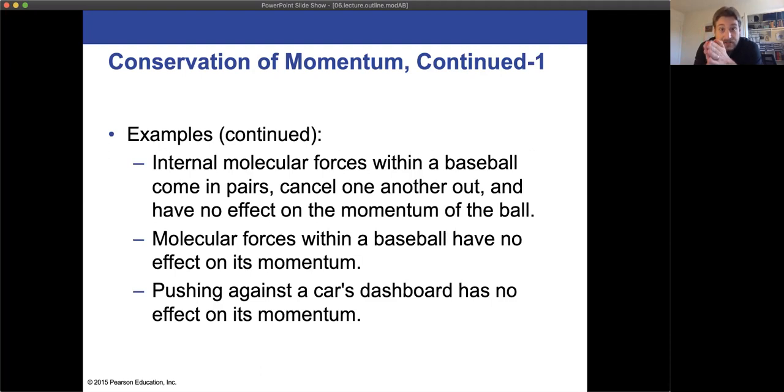Forces internal to the system, between the pieces of the system, can't change the overall momentum of the system. I can't, from the driver's seat, push on the dash of my car and cause it to move because I'm in the car. I can't lift myself by my own shirt. I try it. I can't.